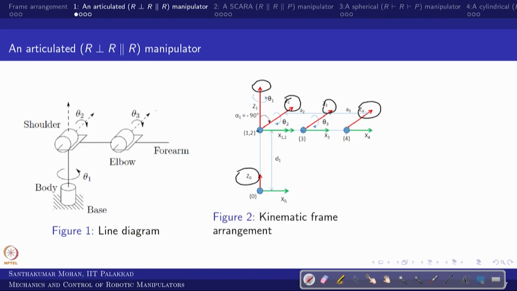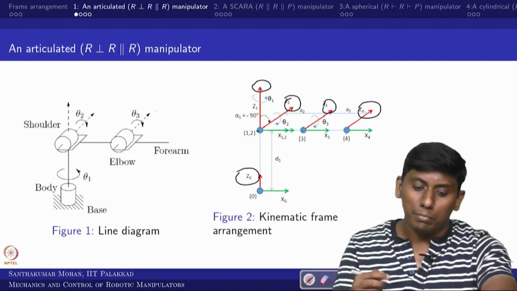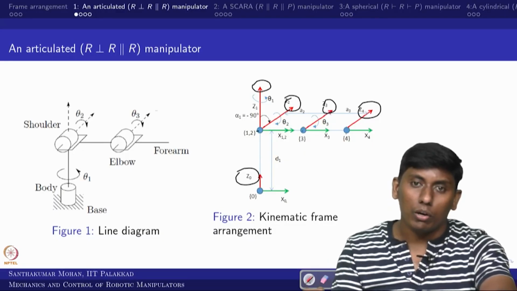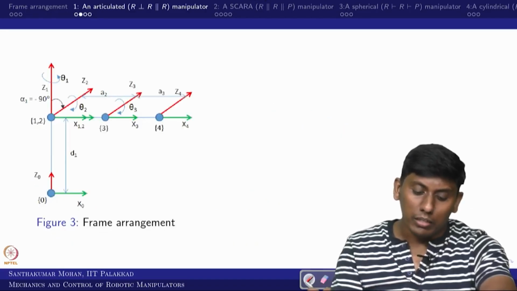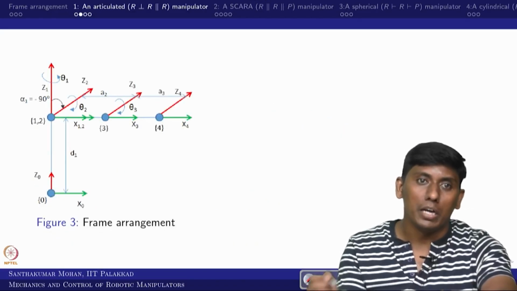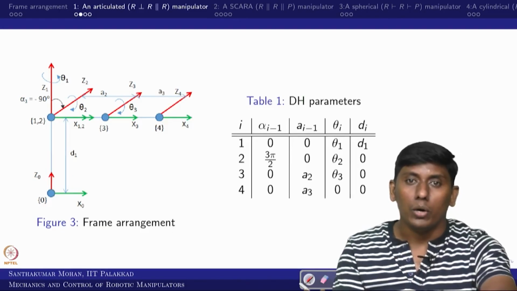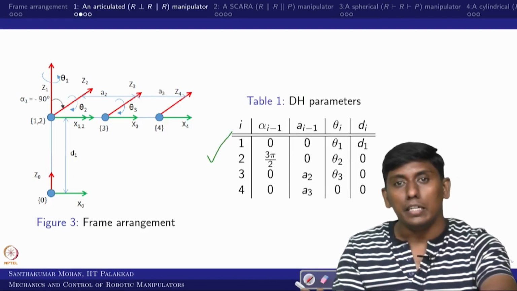Based on this we have found the DH parameters, and we can cross-check them here. This is the frame arrangement we obtained as per our understanding, and based on this we got the DH parameters.